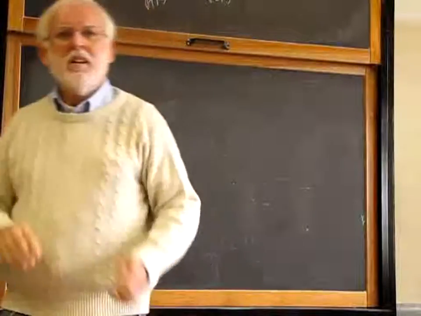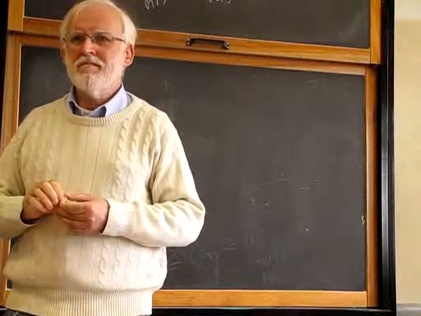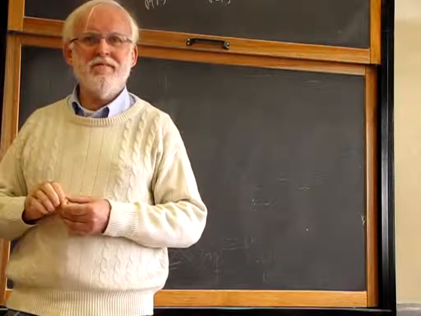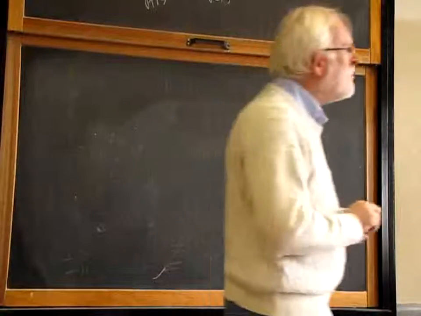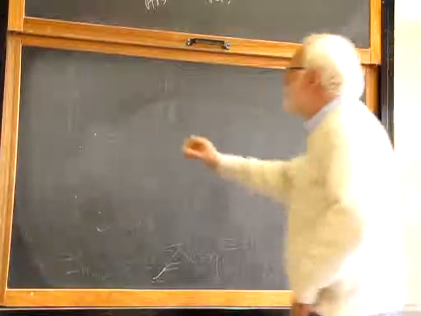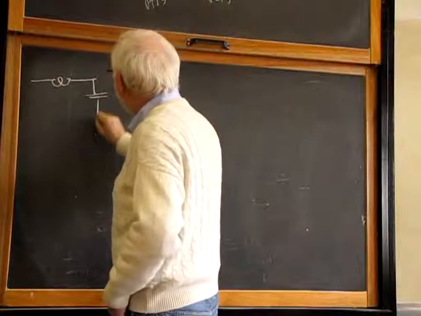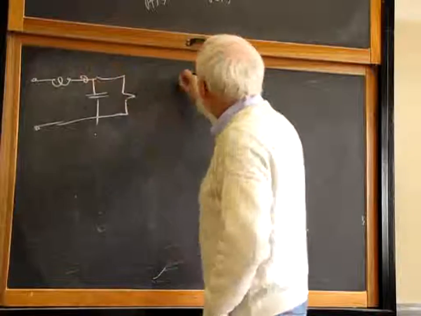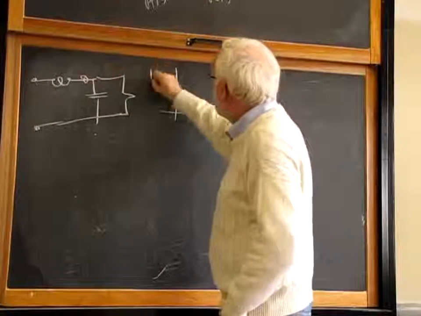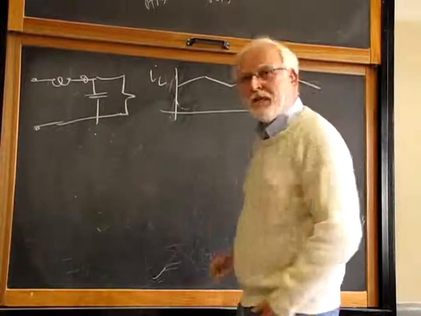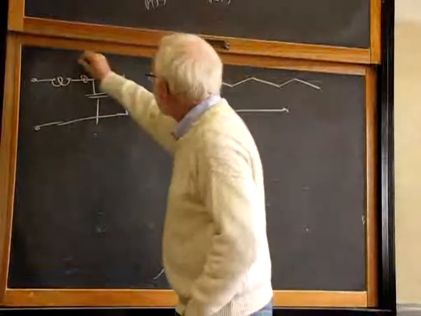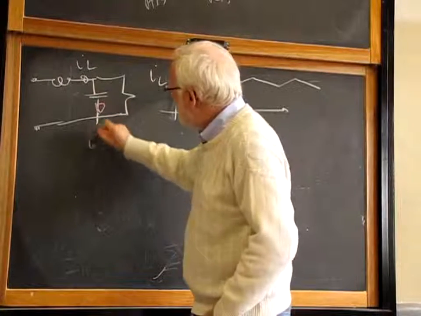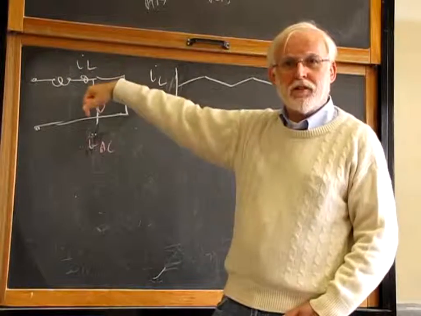Did you have classes on numerical analysis or things like this? Numerical calculus? Yeah. You remember what numerical cancellation is? Okay, we will meet numerical cancellation in a moment. Let's suppose to have here the output side of a buck converter working in CCM. So we have I_L, it is something like this. This is I_L. We have I_AC, that is the current flowing through the capacitor.